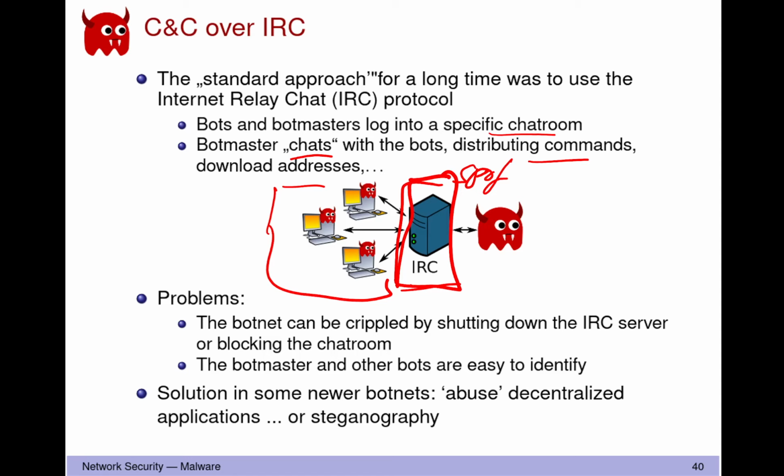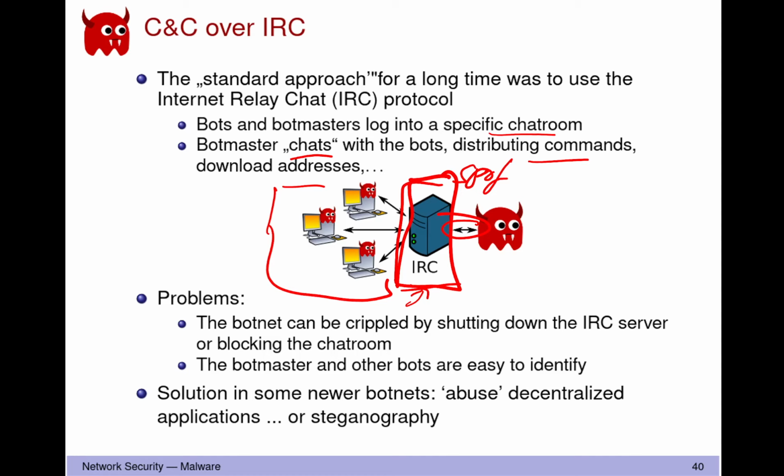And let's say you don't shut it off, but you cooperate with the provider of that channel, of that server, then you can also observe this traffic and identify the botmaster.